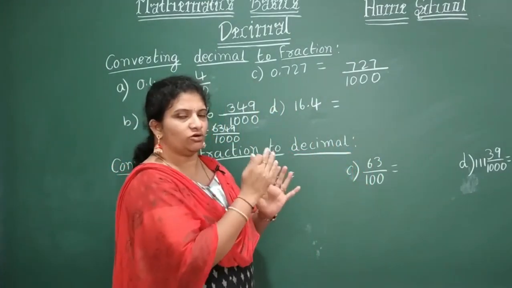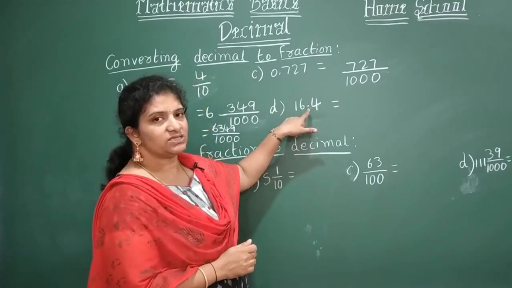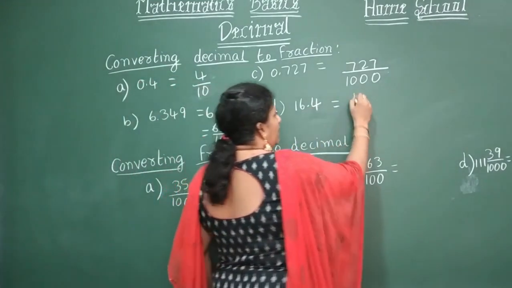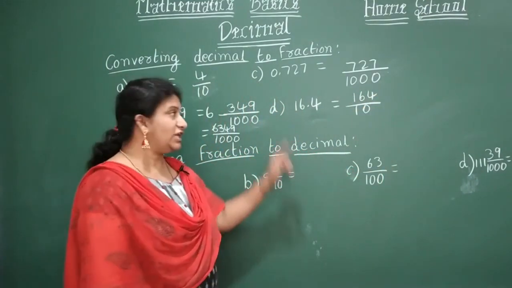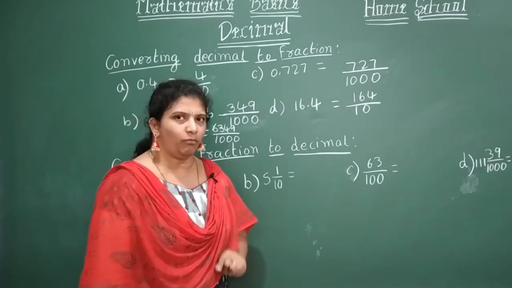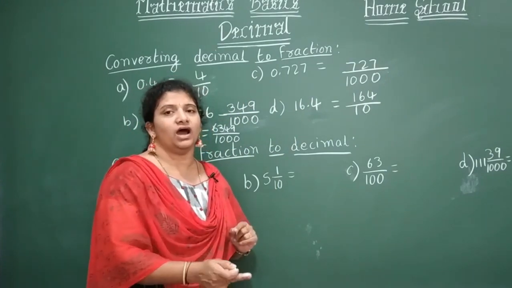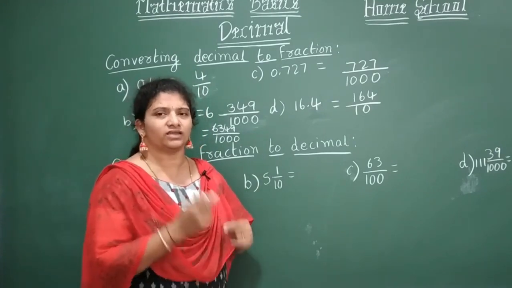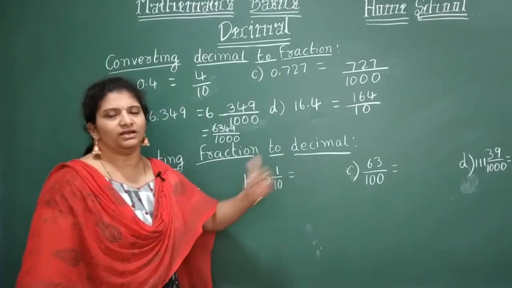Instead of writing the whole number and fraction separately, you can write it together. See here, after the decimal point, how many decimal places do you have? 1. So remove the decimal and write 164 by 10. When you are writing into a fraction, don't forget to remove the decimal point. In order to remove the decimal point, we are dividing by the place value, right? 10th, 100th, 1000th.